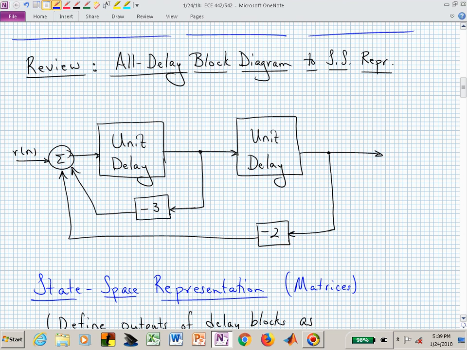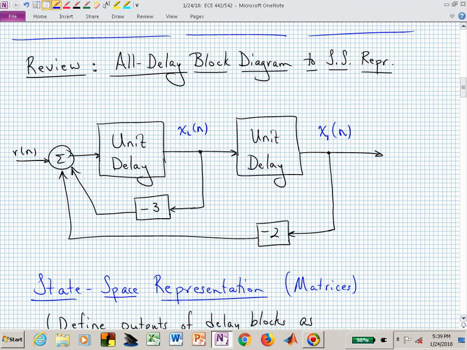And this you'll have to know by at least exam 1 if you don't know it by midnight tonight. Those outputs of the delay blocks allow us, if we simply label these, to be consistent with last time, let's label this as x sub 1 and this as x sub 2.